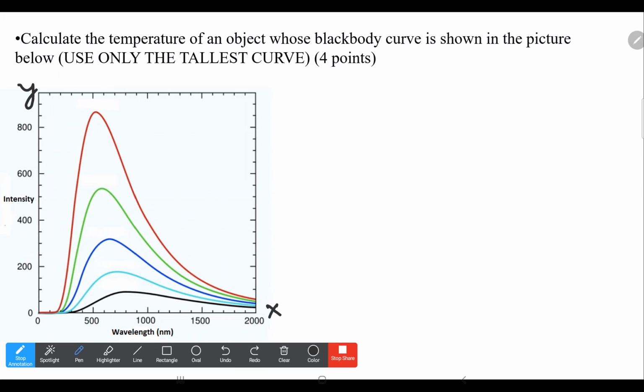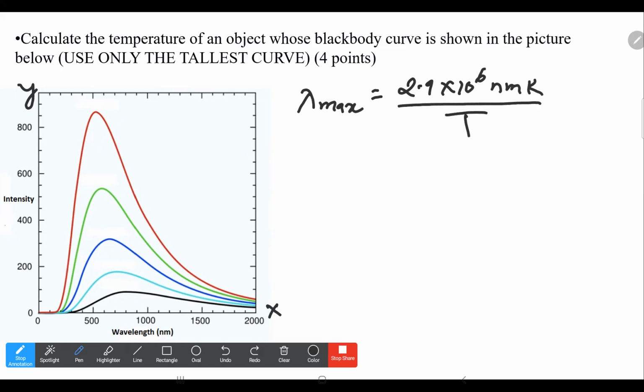If you look at our relationship for Wien's law, lambda max is equal to 2.9 into 10 to the power 6 nanometer Kelvin divided by temperature, T. So what is the peak wavelength?